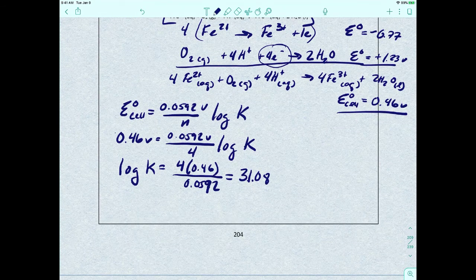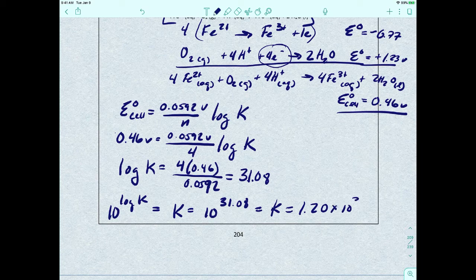So we've got to find K. If we take 10 raised to the log of K, that's going to give us K by itself. So if we take 10 raised to the 31.08, that gives us a K that's going to be roughly 1.20 times 10 to the 31st.